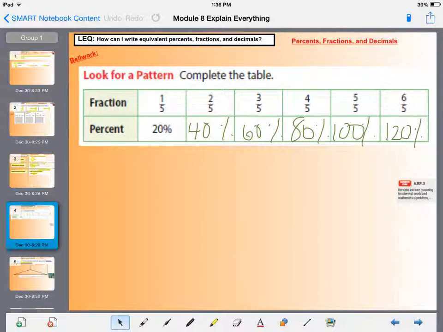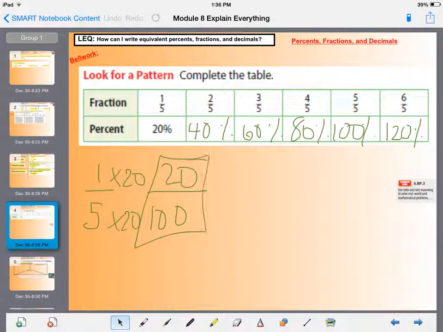You could write the fraction, for example, 1/5, and knowing that we're always trying to get to 100, multiply by 20, and that's how we end up with 20 over 100 or 20%.